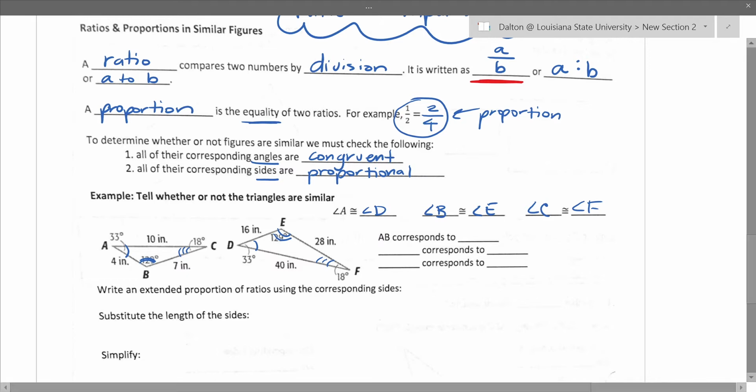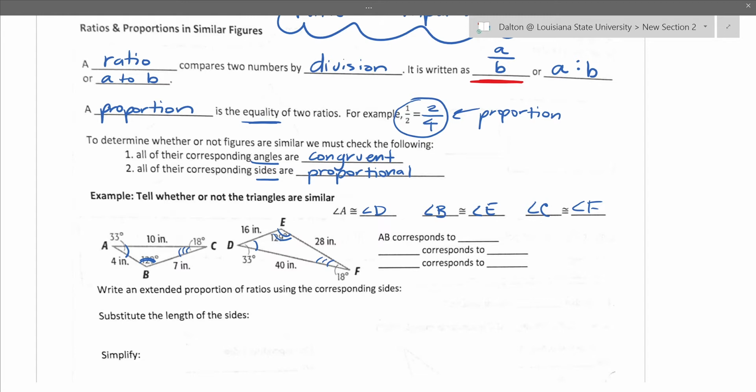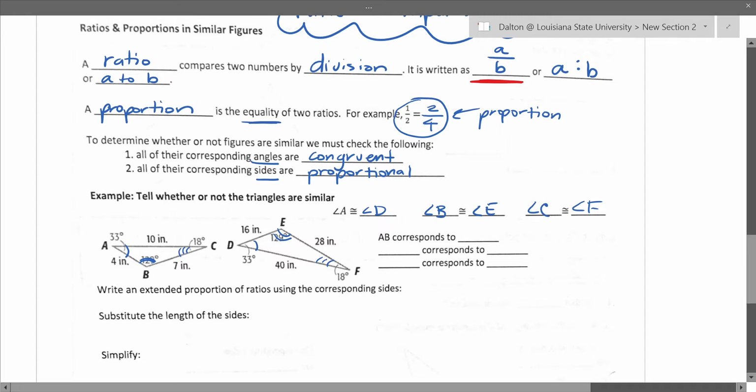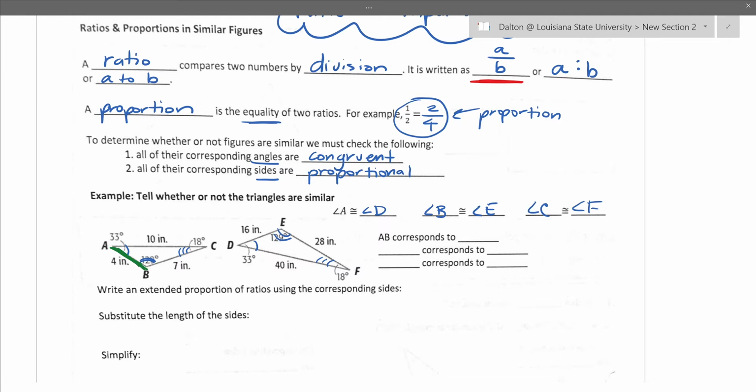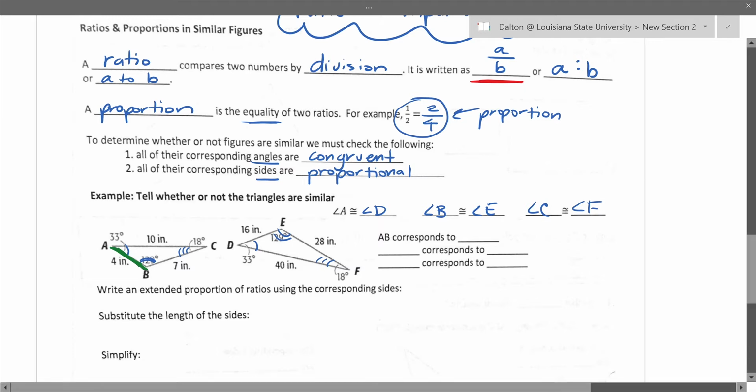Now, we're going to look at the corresponding sides. So AB, let me choose a different color here. AB corresponds to which side? Now, if you have a hard time envisioning the triangles being flipped in your brain, remember this. Notice AB is the smallest side of this triangle. So if it's the smallest side of this triangle on the left, it must correspond to the smallest side of the triangle on the right, which is 16.